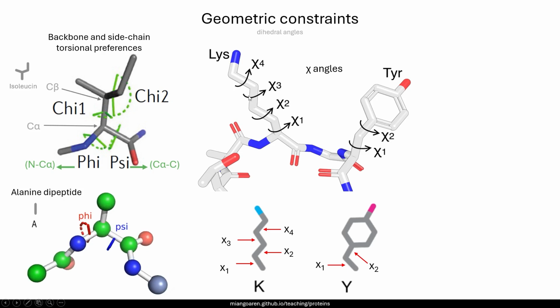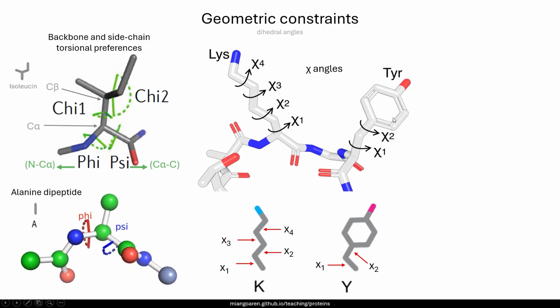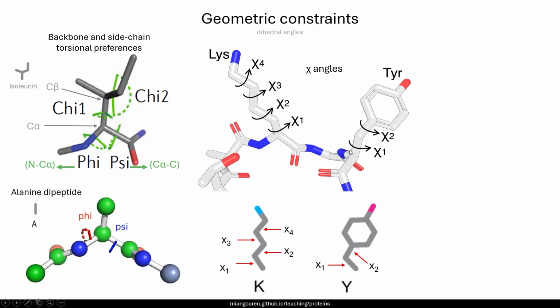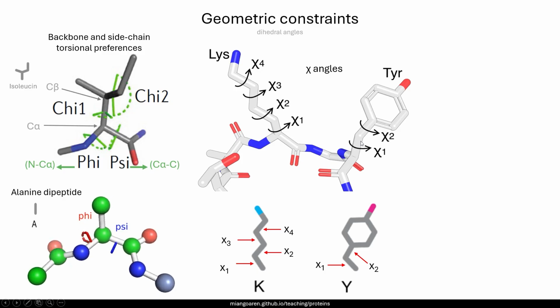You can see them here: chi 1, chi 2, chi 3, and chi 4. The tyrosine residue only has two, and the angles of a ring group are not considered, since they do not have the flexibility that carbon chains not in a ring configuration possess.